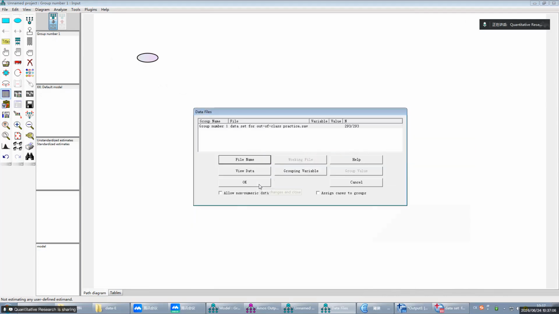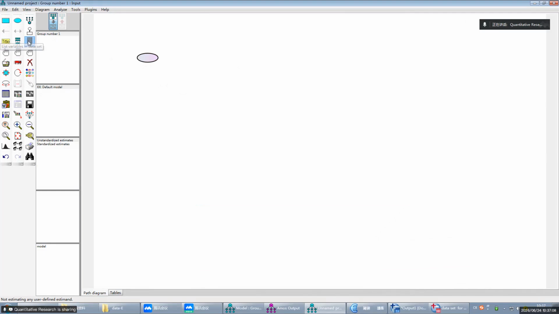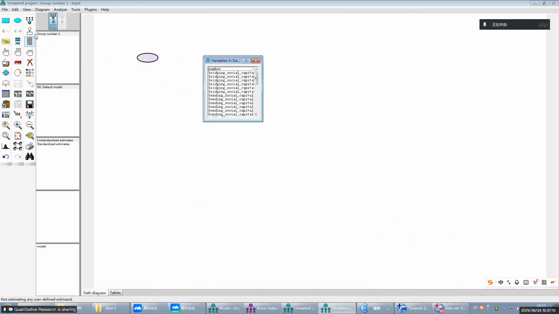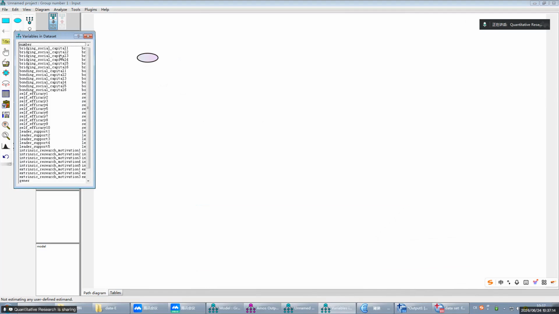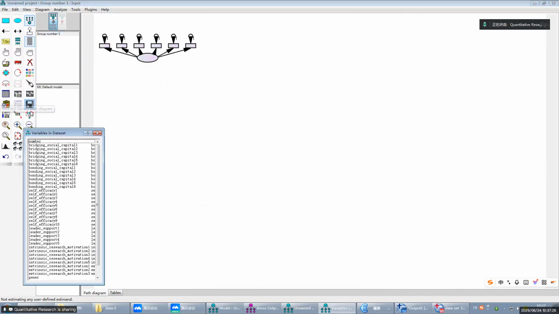This one. Bridging social capital has 6 indicators: 1, 2, 3, 4, 5, 6. Okay. For bounding social capital, also 6 indicators.